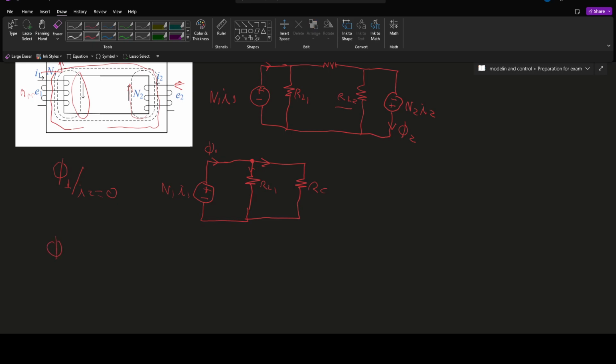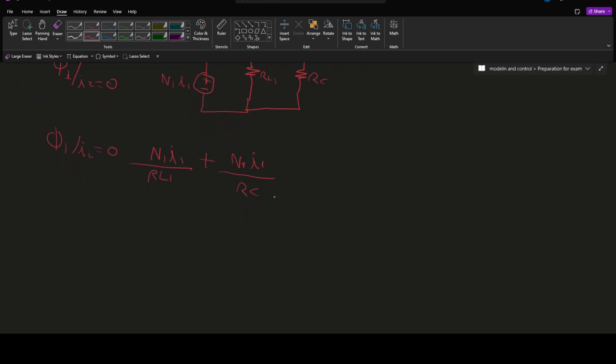So we know that phi1 when I2 is equal to 0 is N1 times I1, that is our source, over RL1, plus N1 times I1 over RC, the reluctance of the core. So now we have our flux when I2 is equal to 0.